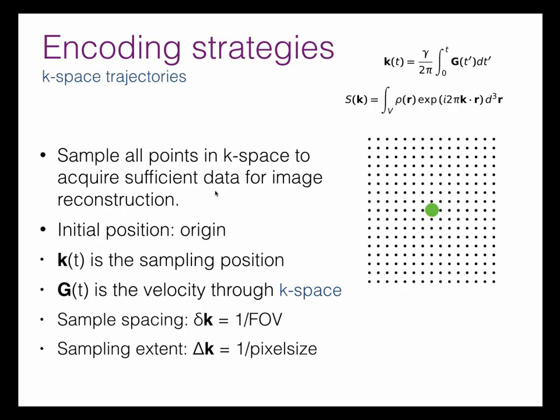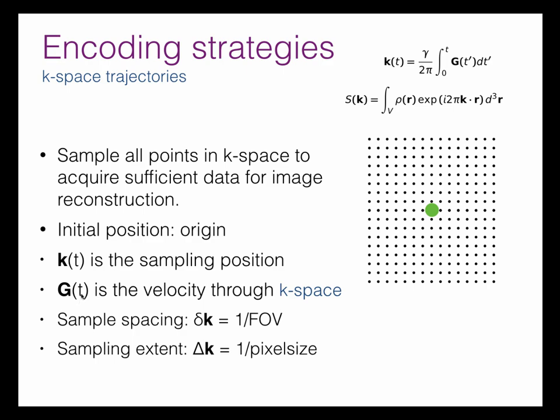Okay. So here's our signal acquisition equation. We have k of t is the time integral of gradients, and basically our strategy is going to be that we need to sample all the points in k-space to acquire sufficient data for image reconstruction. So basically we need to collect samples from all these grid points around here. And we initially start at the origin here, which is a green dot. And k of t is the sampling position at any given time.